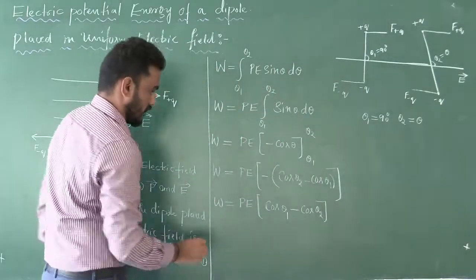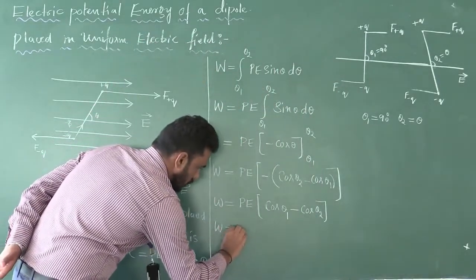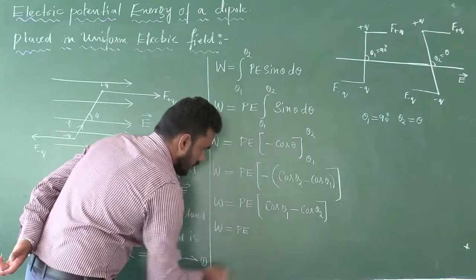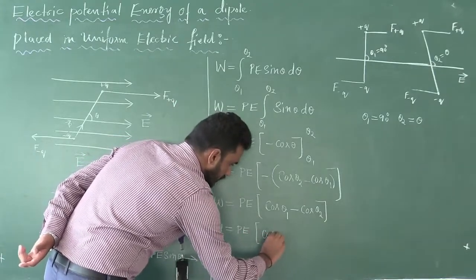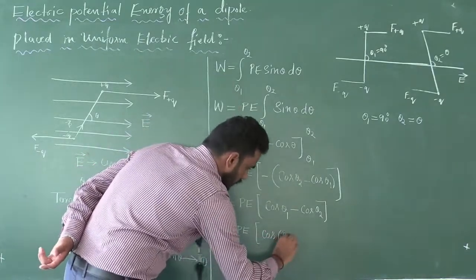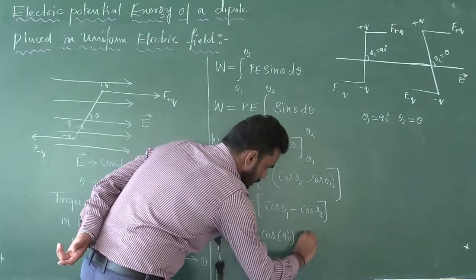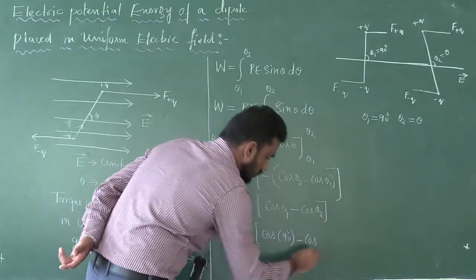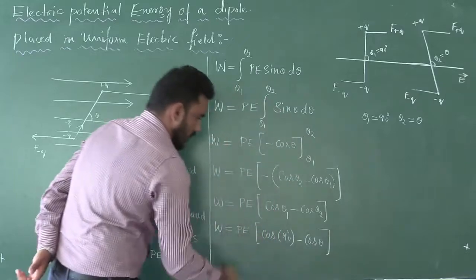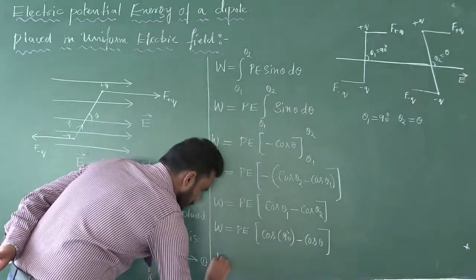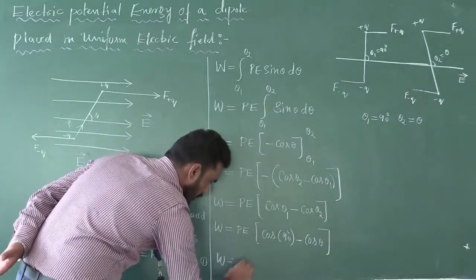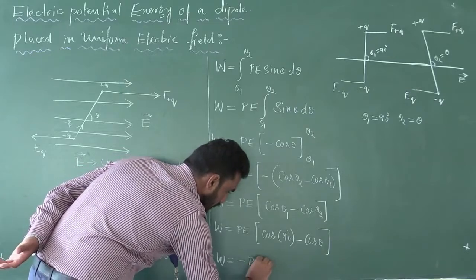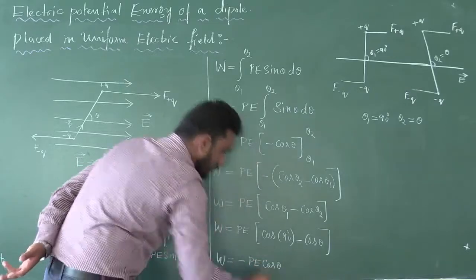Then what will be the equation? W is equal to PE into cos, what is theta 1? 90 degree, minus cos, what is theta 2? That is theta. Cos 90 is 0. So W is equal to minus PE cos theta.